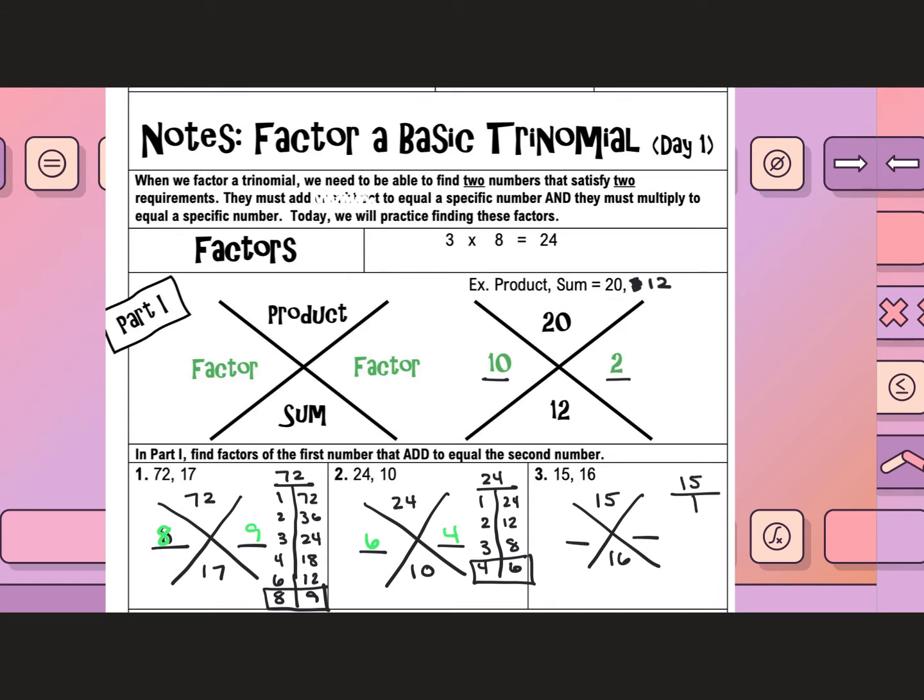My factors are 1 and 15, and 3 and 5. So 1 and 15 are going to be my option because when I multiply them together, they give me 15, and when I add them together, it gives me 16. This is going to be very helpful as we look at trinomials because, again, we have to have those factors.